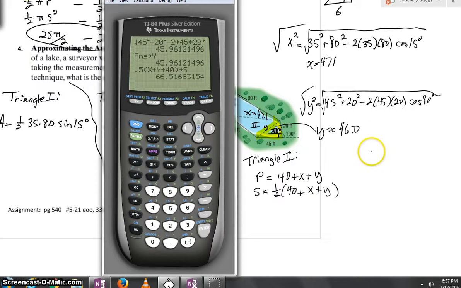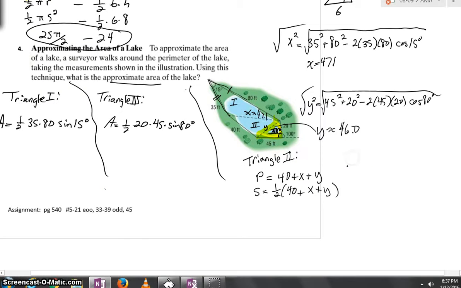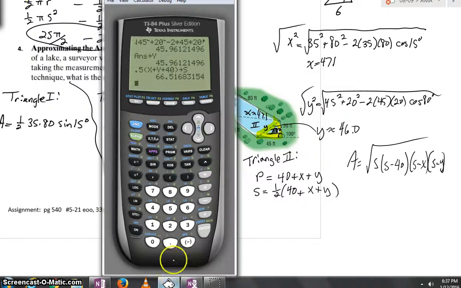We're going to use Heron's formula to find the area. And writing it out, I just want to state the obvious. It's the square root of semi-perimeter times semi-perimeter minus 40 times semi-perimeter minus X times semi-perimeter minus Y. And we'll let the calculator work that out for us once again.